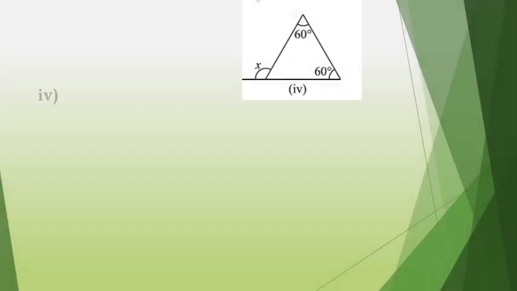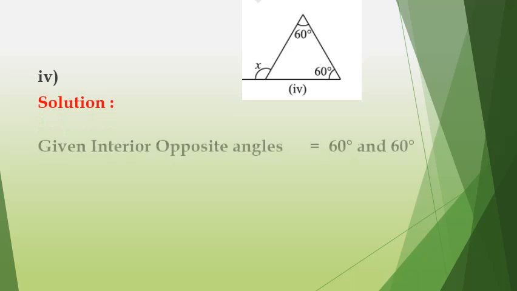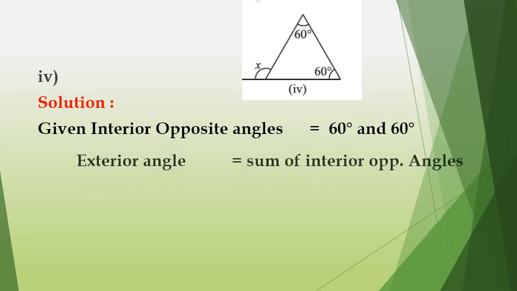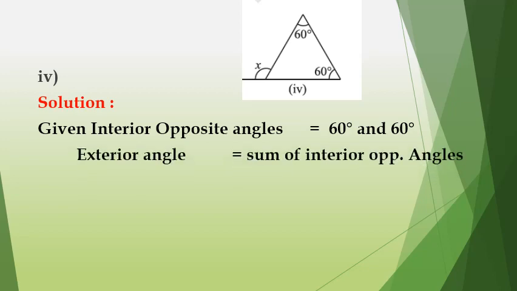Next, question number 4. Given interior opposite angles are 60 degree and 60 degree. Exterior angle equal to sum of interior opposite angles. By the property of exterior angle of triangle, hence angle x equal to 60 plus 60 equal to 120 degree.